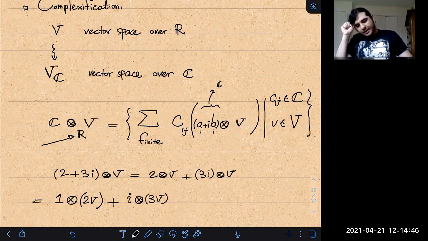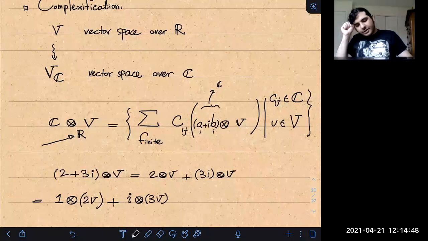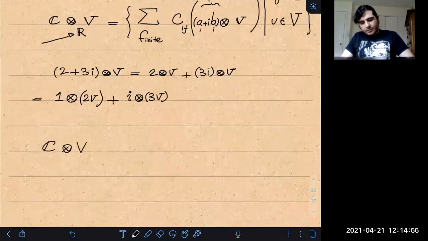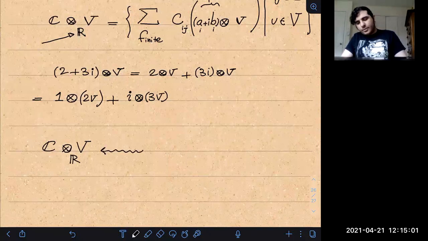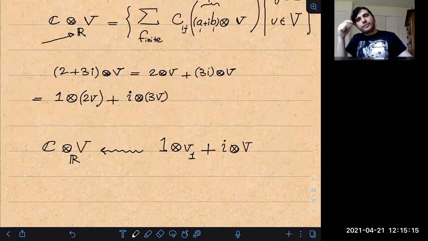And that's the thing, actually. Any vector in this space, anything in C tensor V over R, an element there would be something like this. Always you can write it as 1 tensor a vector, say V1, plus i tensor another vector, say V2.